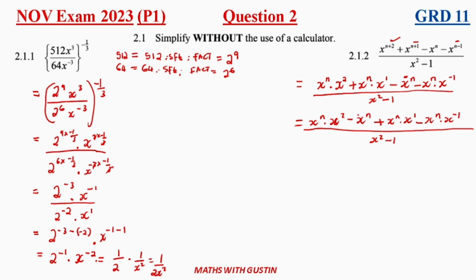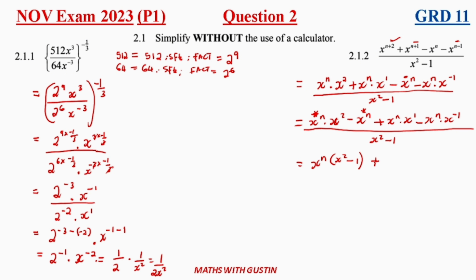All right, so now here, if you can see, you've got a common factor: x to the power of n is a common factor. So we're going to take that one out. In this case, x to the power of n, take it out, and x squared minus 1 will be left here. So if we remove the bracket, it will go back to x to the power of n times x squared, and then negative x to the power of n, plus.